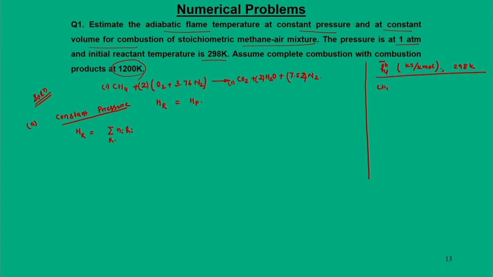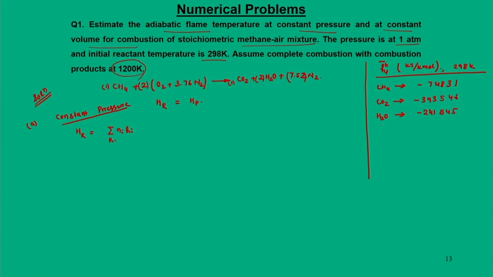For CH4 this value is minus 74831. For CO2 it is minus 393546. For H2O it is minus 241845.